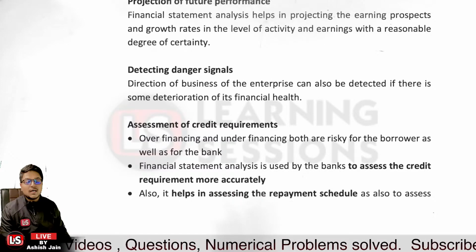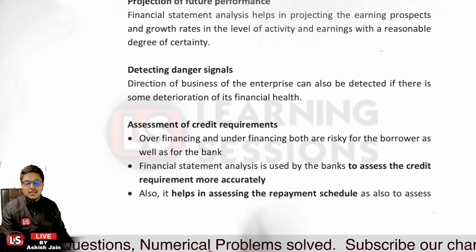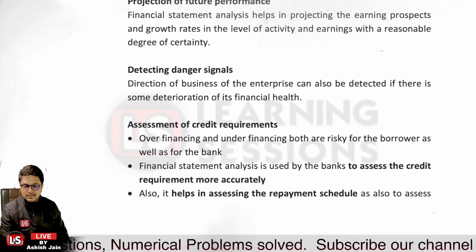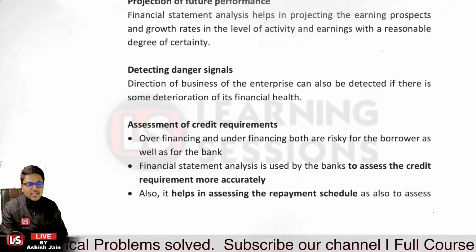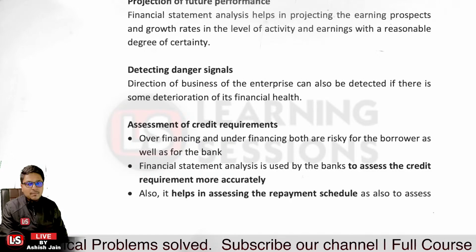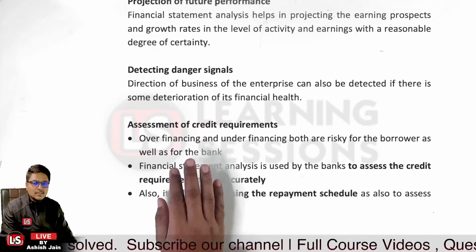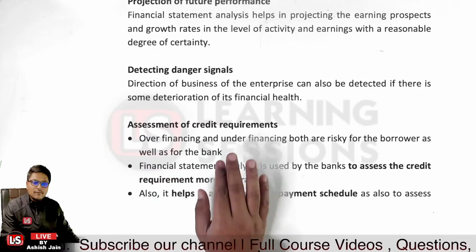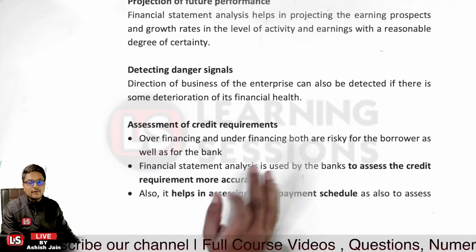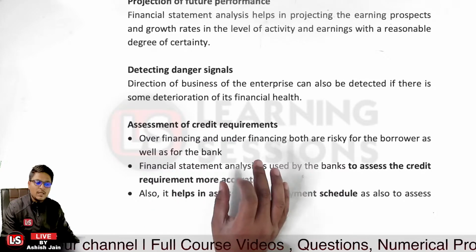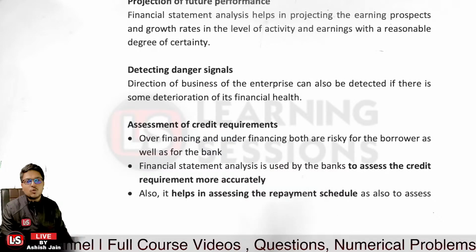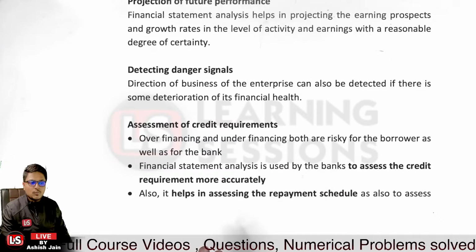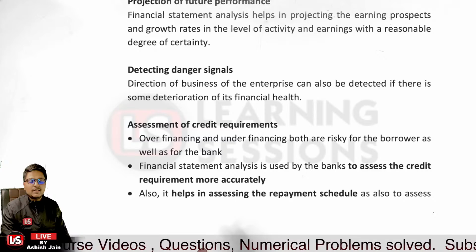Overfinancing is lending a person more than what he requires, and under financing is lending less than what he requires. In overfinancing he will be misutilizing the funds, and in under financing he will not be able to meet his requirement. Both are riskier, and that must be looked into.